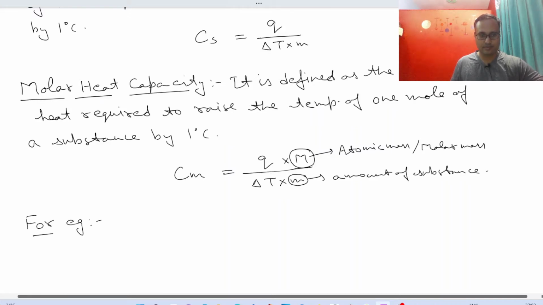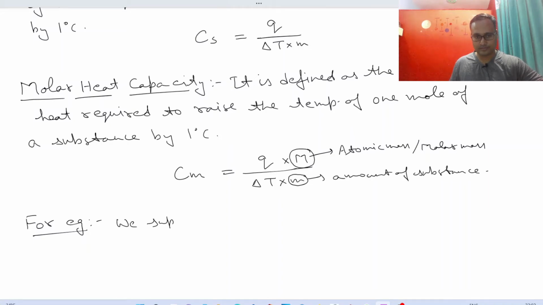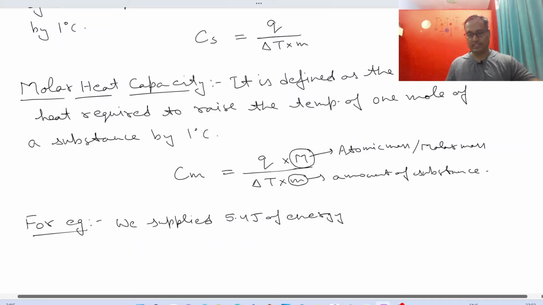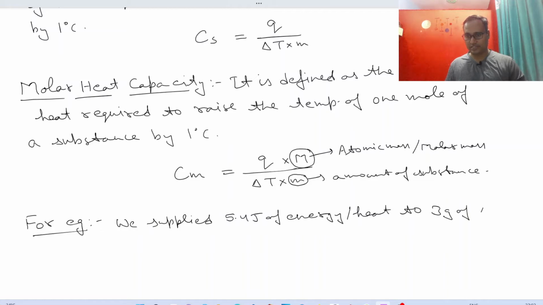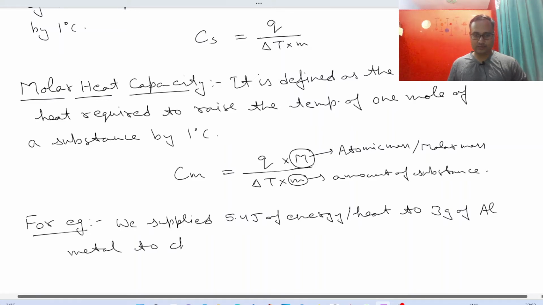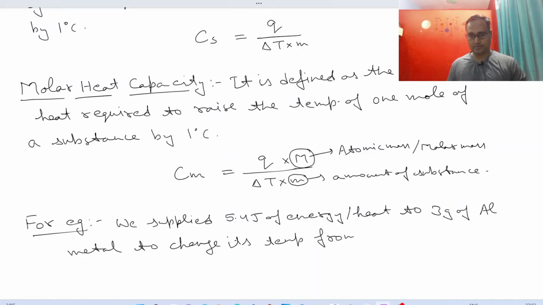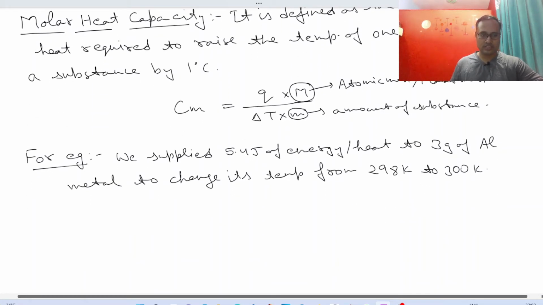For example, we supplied 5.4 joule of energy or heat to 3 gram of aluminium metal, to change its temperature from 298 Kelvin to 300 Kelvin. Let us first figure out the heat capacity of aluminium.